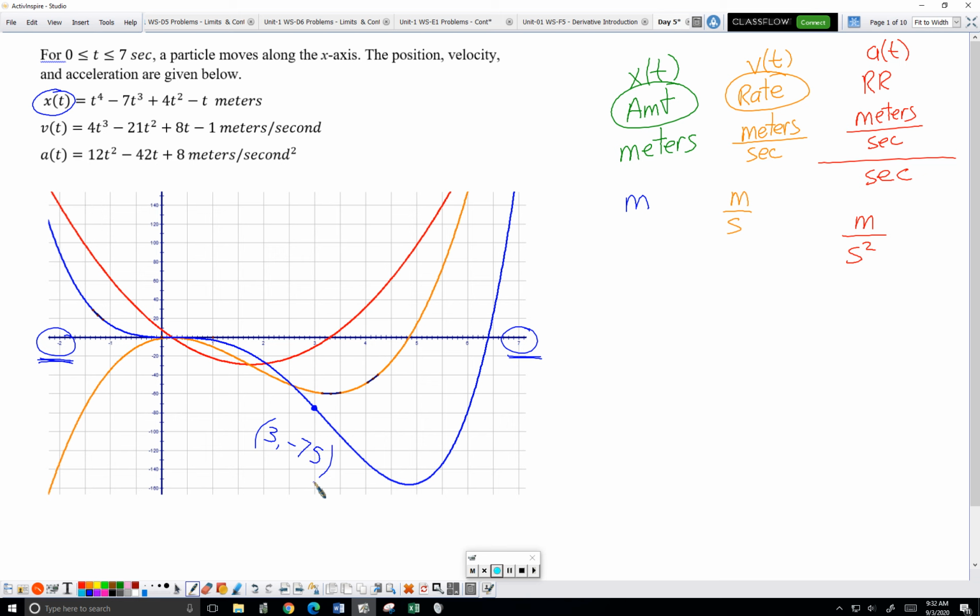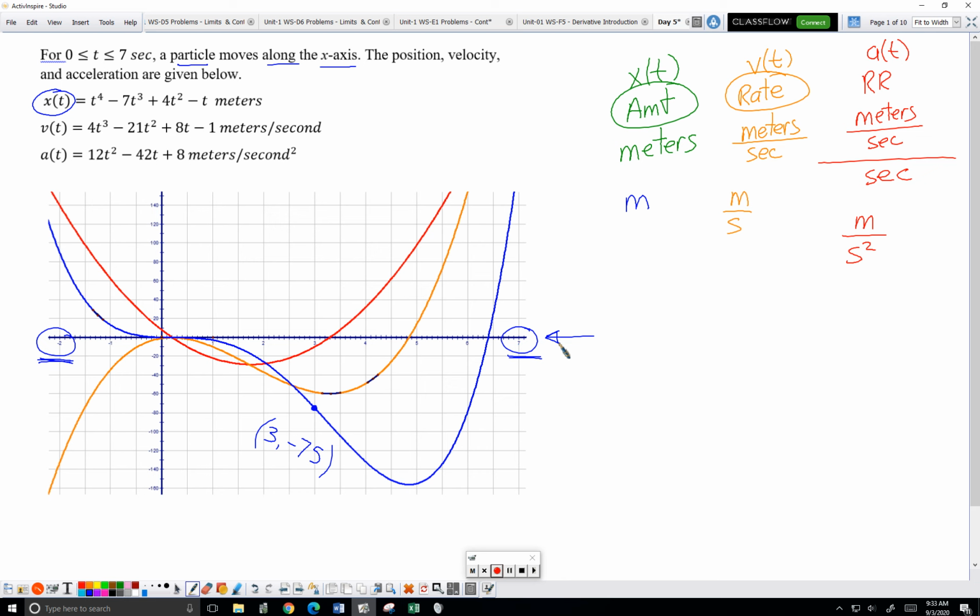Okay? The two numbers represent something about this particle, because this graph is talking about a particle moving along an x-axis. Here's something that messes people up. The particle is not moving along this x-axis. That's not what they're saying.